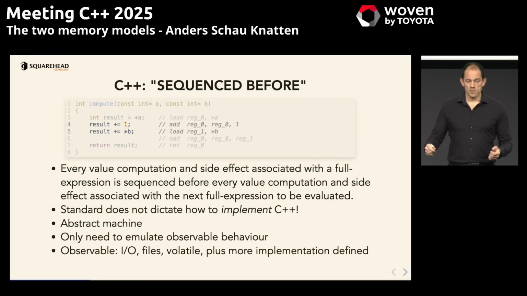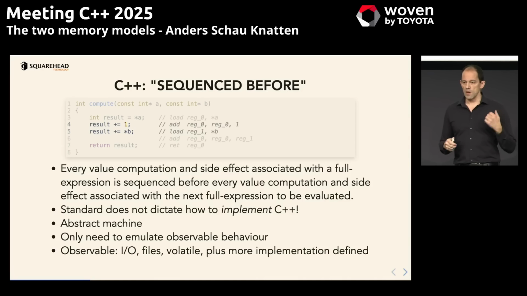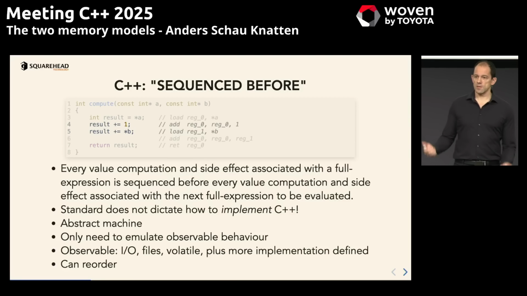So if you make any changes that would affect I/O, files, and volatile, and the implementation can add some more if they want, but if none of your optimizations affect any of those, then you can do whatever you want. So we can reorder these. It's not possible for me to observe any changes if you reorder these lines.